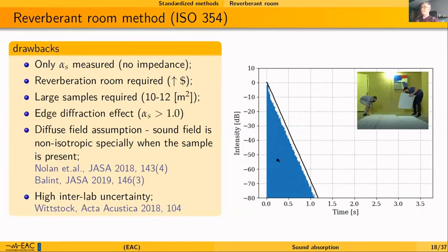The drawbacks are that only this mean quantity over all angles of incidence is measured, not the impedance. A reverberation room is required, which can be quite costly.